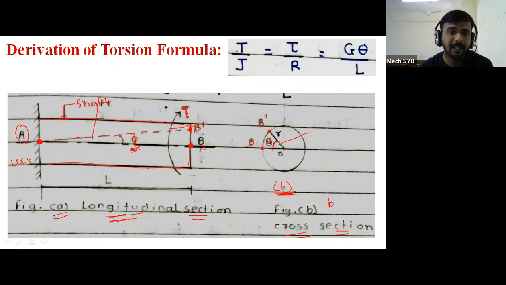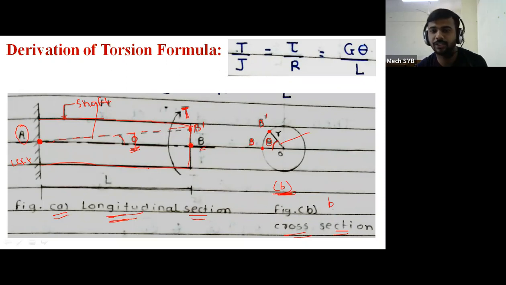Once again, I am repeating, the shaft has radius r, whose one end is fixed, the other end is free, and at the free end we are applying the T amount of torque, and due to that torque, distortion of the material is taking place, and you will get two angles.